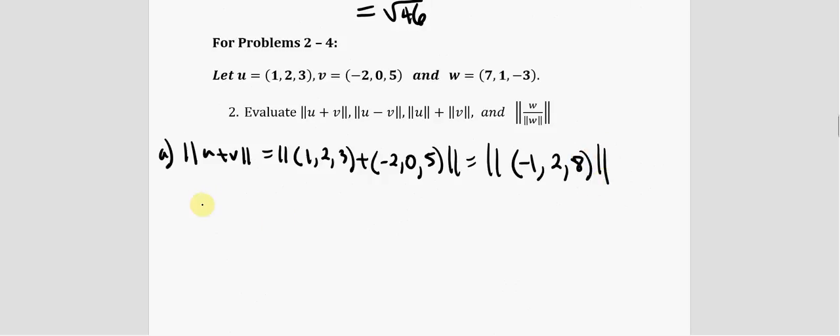And so we find that norm gives us the square root of 1 plus 4 plus 64. And that gives us the square root of 69.